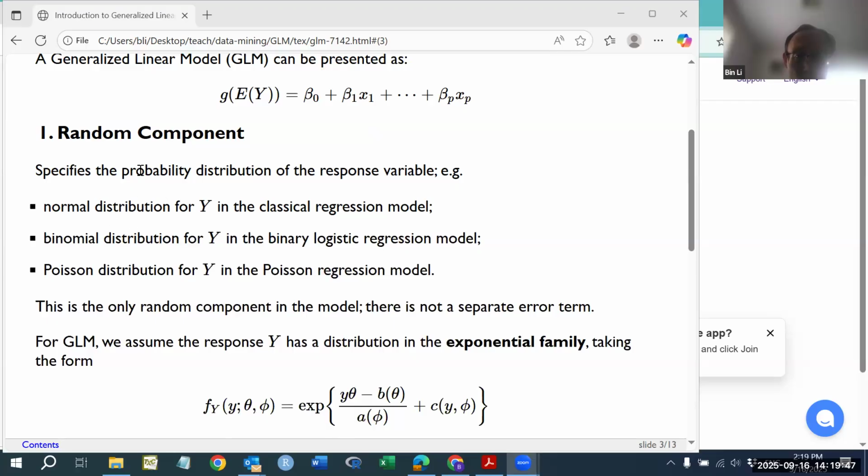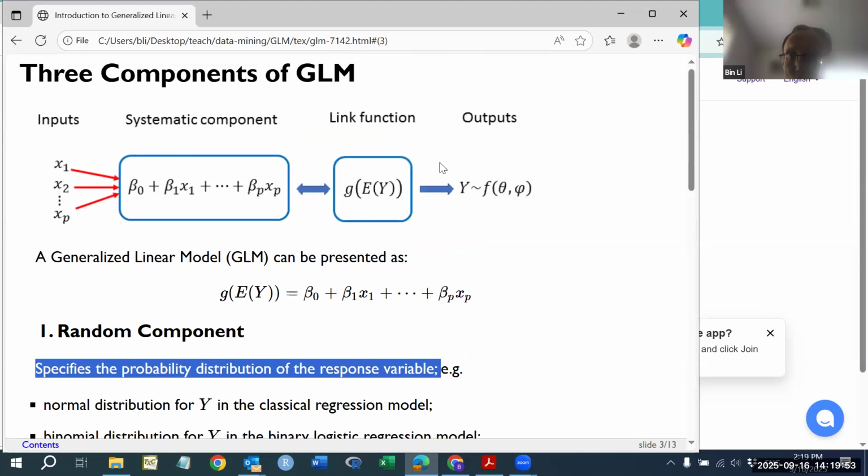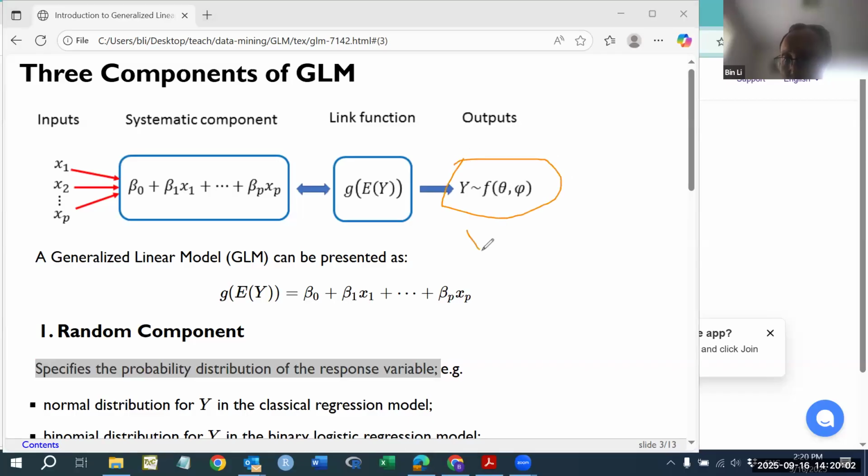The random component specifies the probability distribution of the response variable. This notation means the y, the response, follows some distribution.